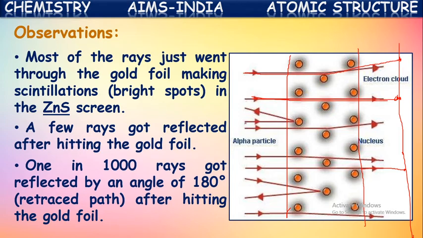And one more observation, they hit the atom and come back to their path. So when they hit the nucleus, it means the total mass of the atom is concentrated at the center part of the atom. After hitting the center part of the atom only, these alpha particles get back to their path. So in this way, he has given some conclusions from his observations.